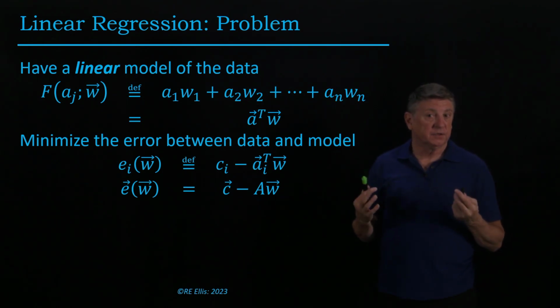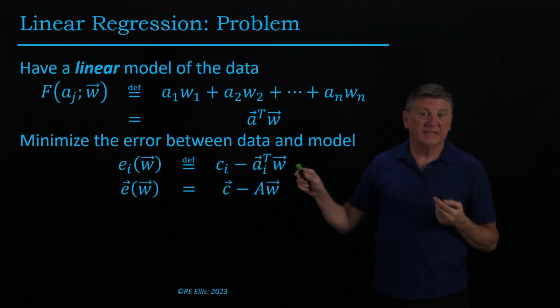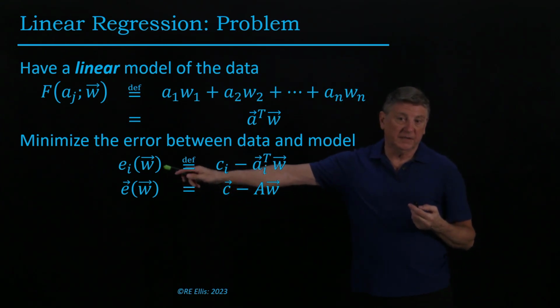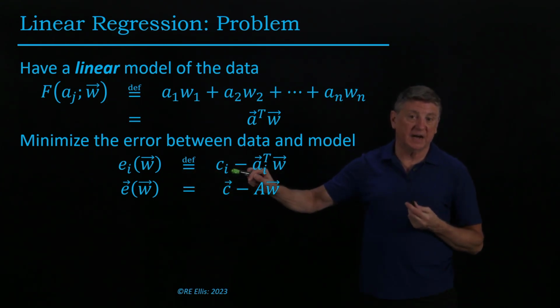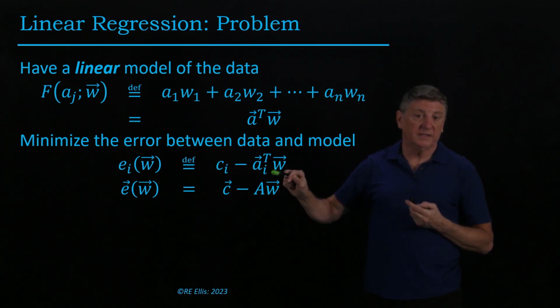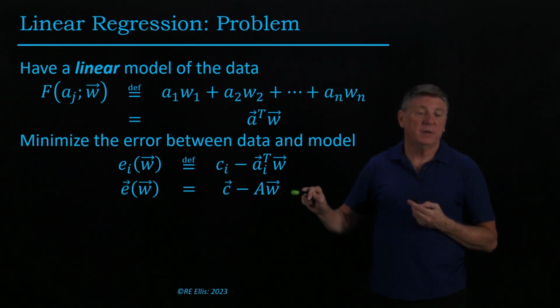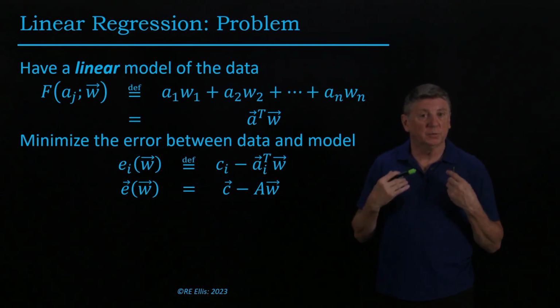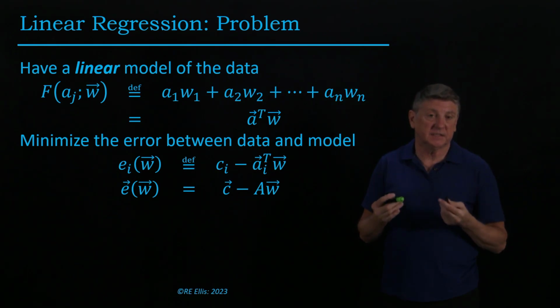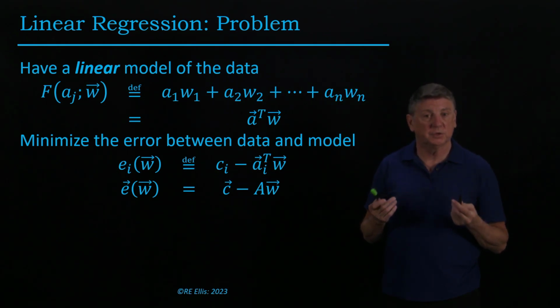And this, when we formulate it, says that the ith error, given the weights, is defined as the ith dependent value minus a weighted sum of the independent values. And we gather all of these together. What we've done is we've stated this statistically, and then we've used a linear model.